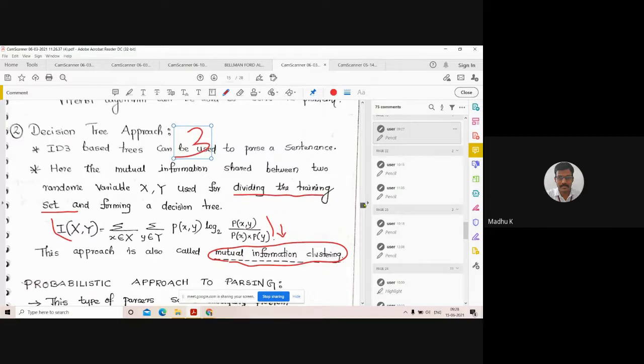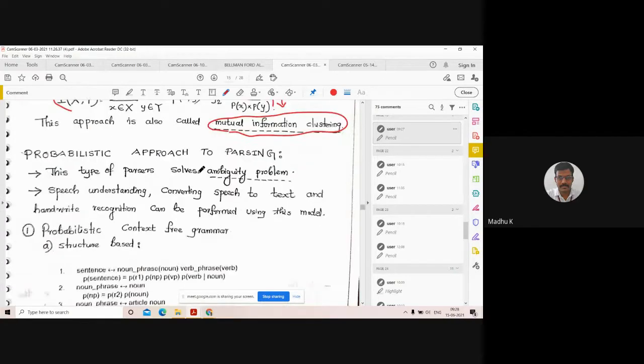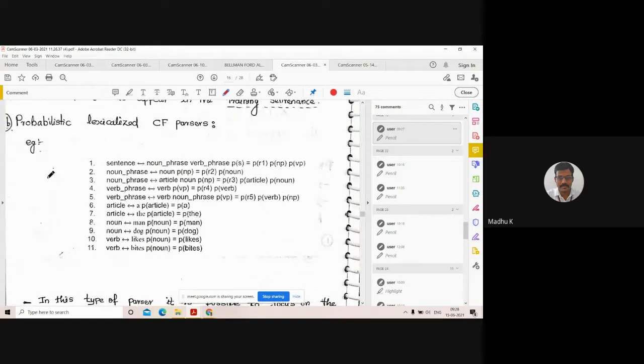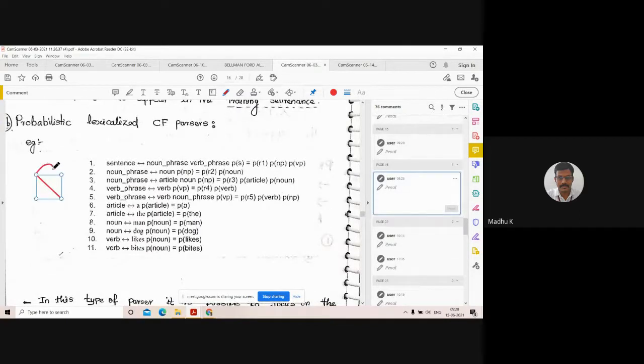So next is the probabilistic approach to parsing. Which are the approaches? Probabilistic context-free grammar. This is the example. The concept is very simple.